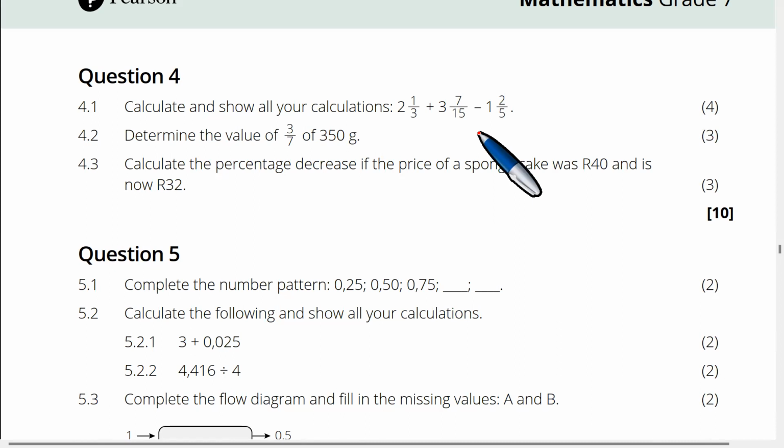What's the answer? Let me know when you're done, please. Almost done.